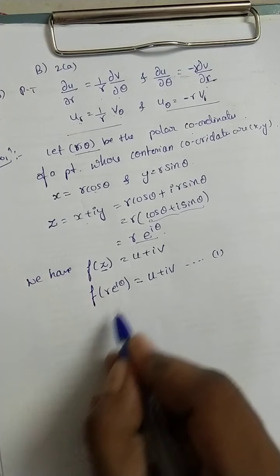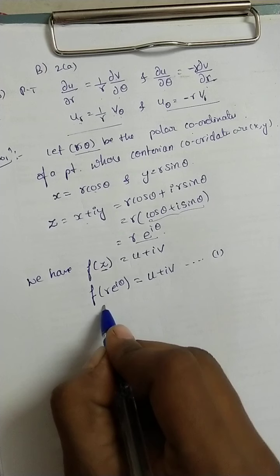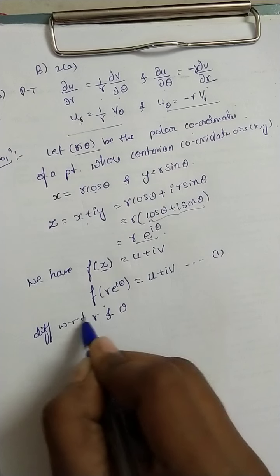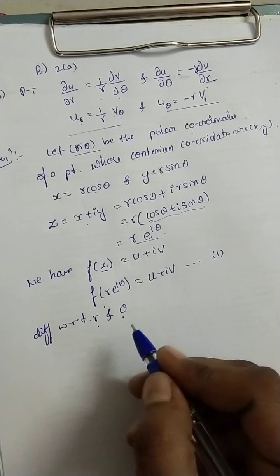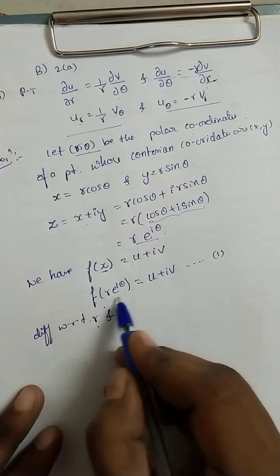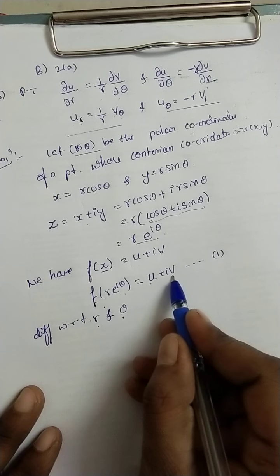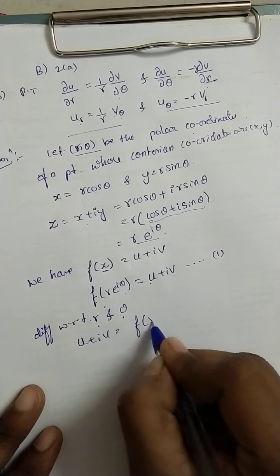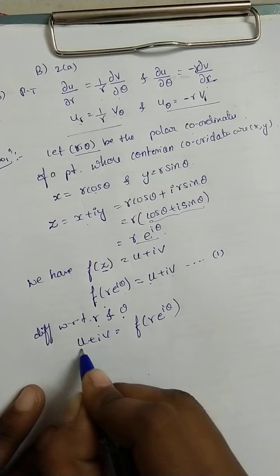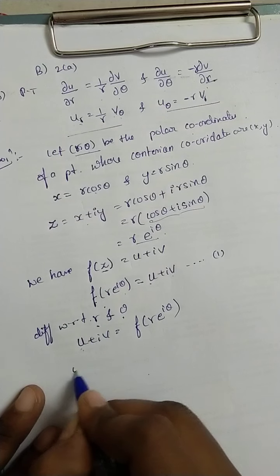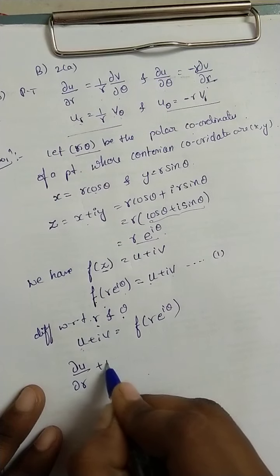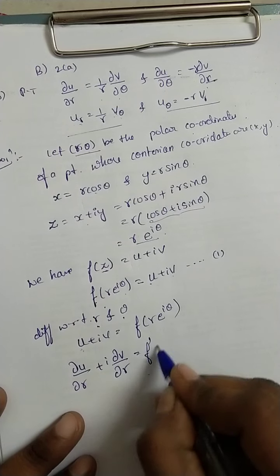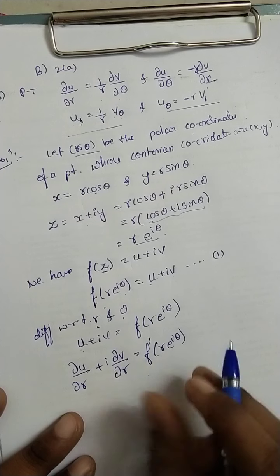Now we have to differentiate this partially with respect to r and θ. First, u plus iv equals f of r e to the power iθ. Differentiating with respect to r, ∂u/∂r plus i times ∂v/∂r equals f dash of r e to the power iθ, and we write this part as it is.